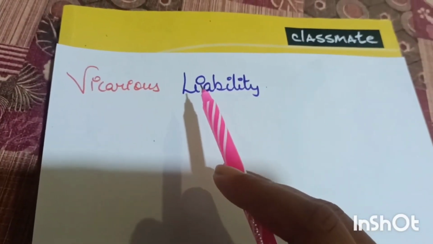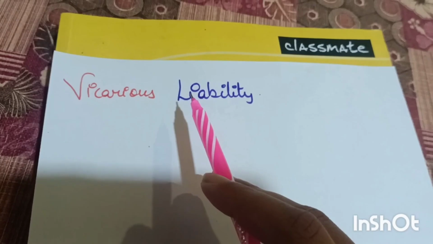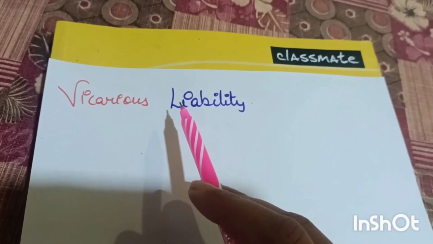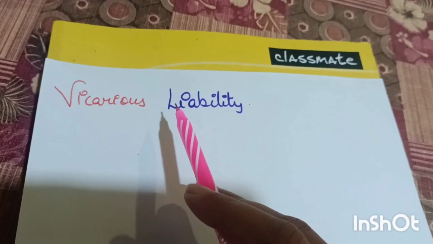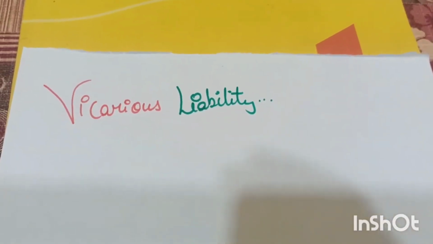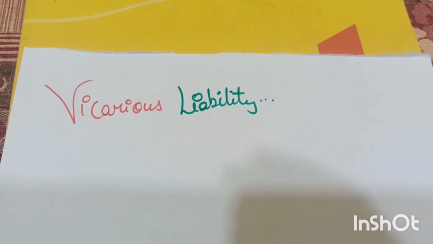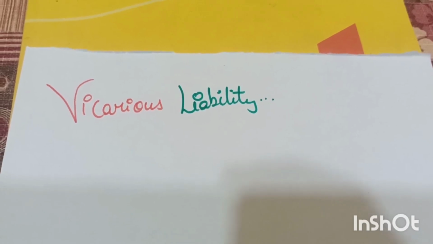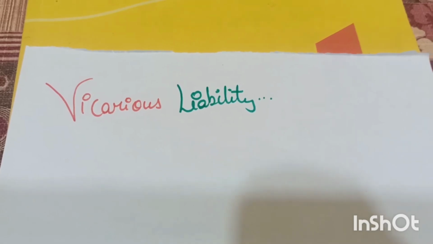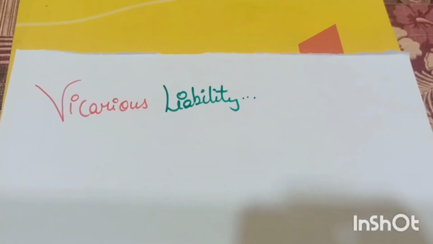So today we'll be studying vicarious liability. In this case one party will be liable because the other party, or you can say the third party, has done something unlawful. So now let's write it.